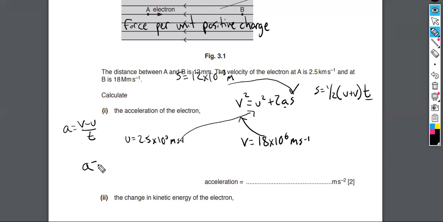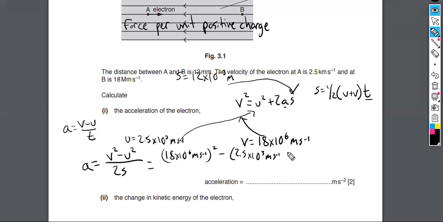So a would be v squared minus u squared over 2s, or 18 megameters per second squared minus 2.5 kilometers per second, that one squared, over twice the displacement.